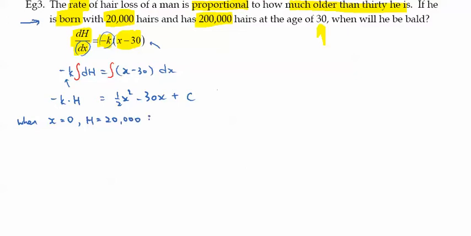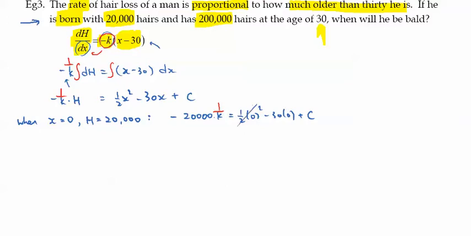And using this, we have negative 20,000 k equals 1/2 0 squared minus 30 times 0 plus c. So it seems like we have, hang on, made a mistake. When I bring this to the other side, it should be 1 over k, and that should also be 1 over k then. Everything fixed.